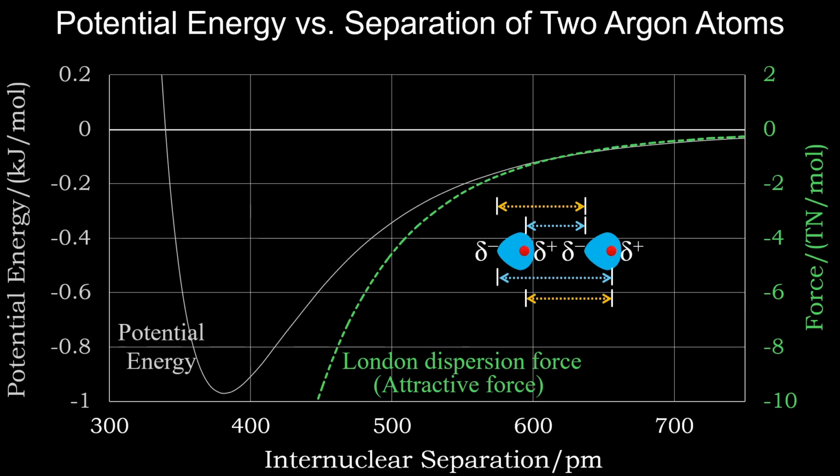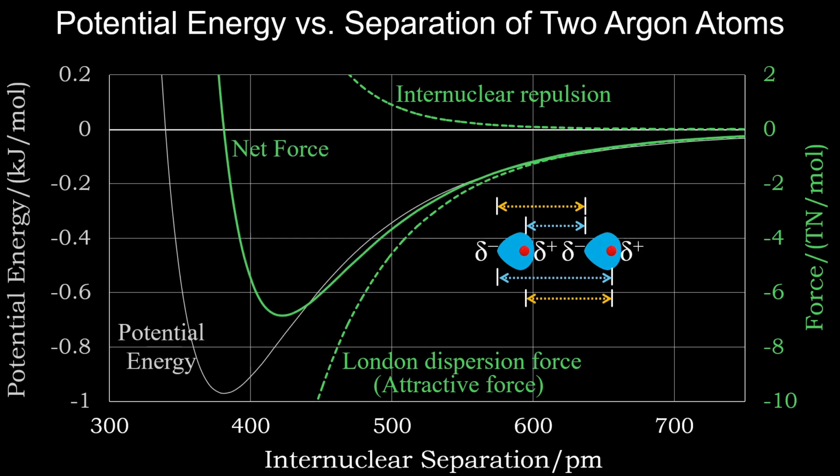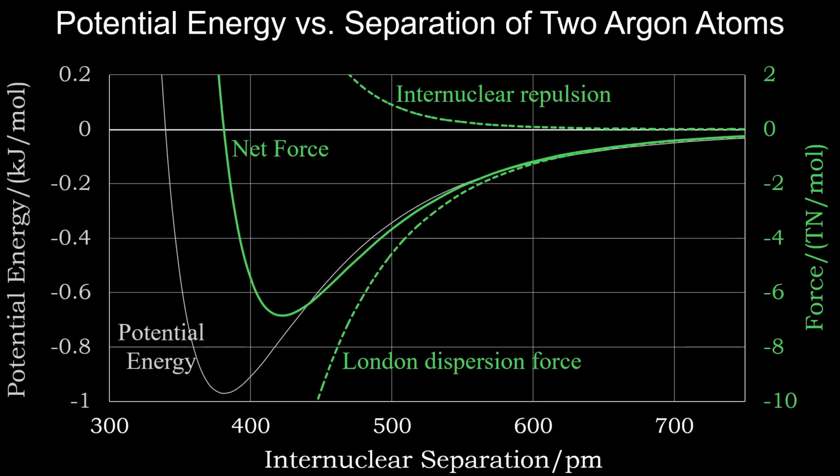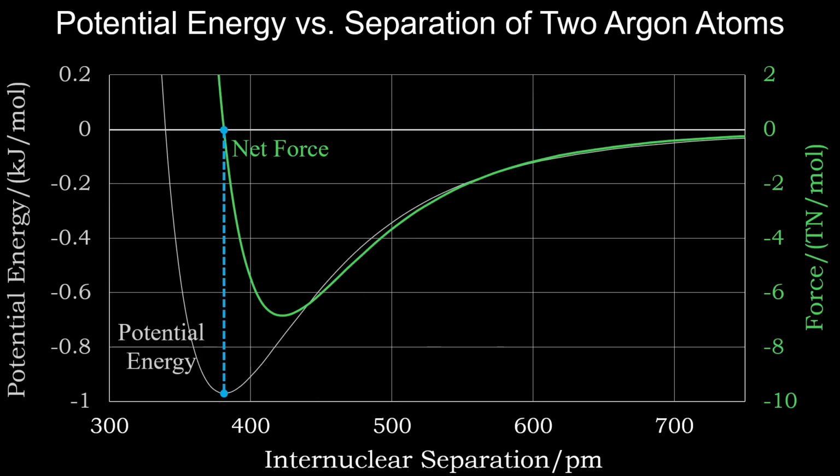These repulsions become stronger as the atoms get closer together. The combination of the repulsive and attractive force is the net force. The net force is, again, zero at the minimum in the potential energy.